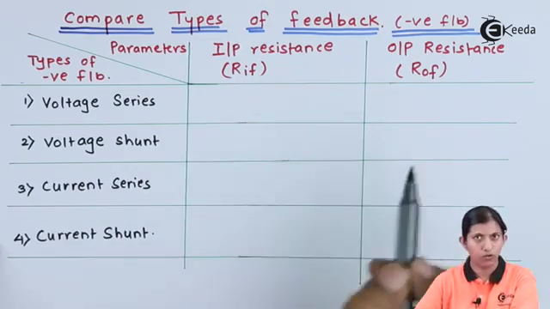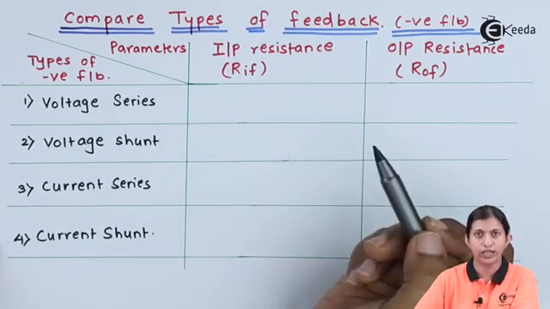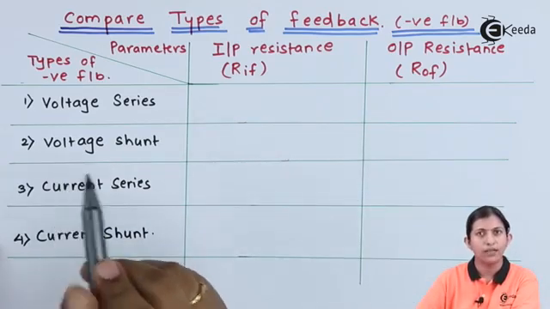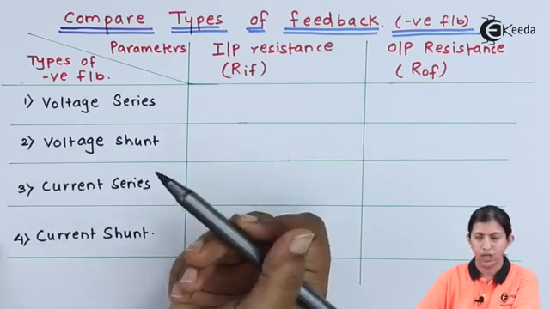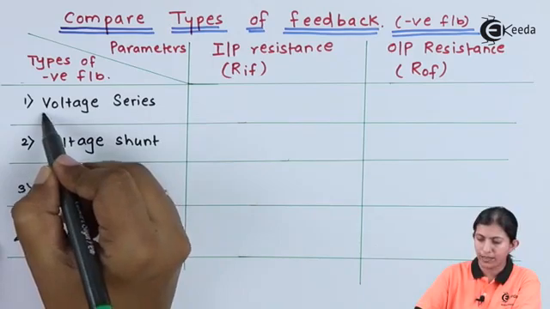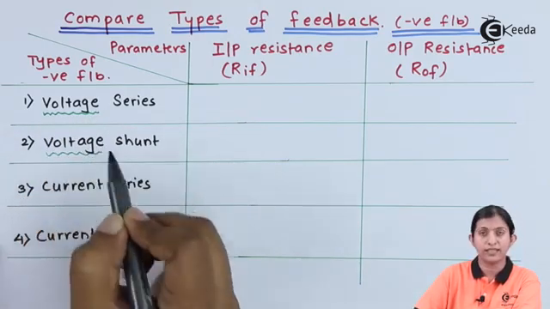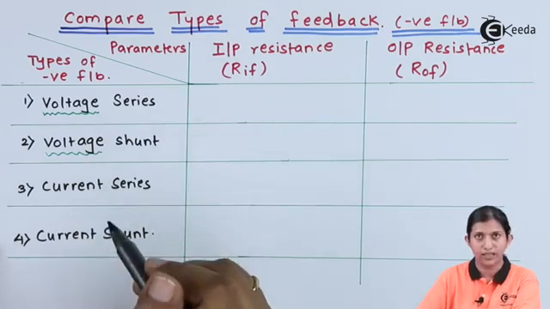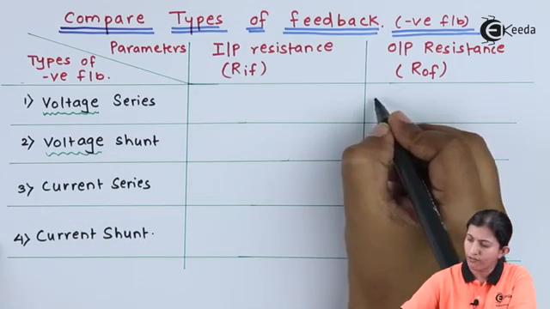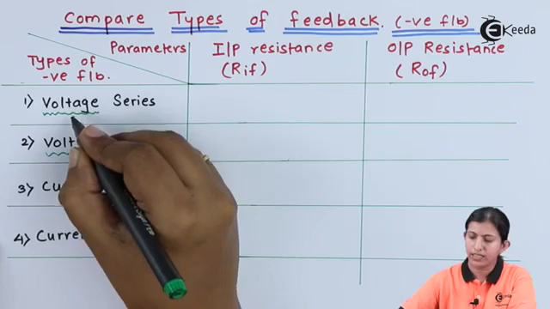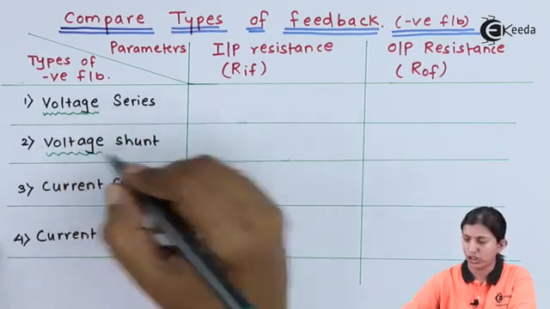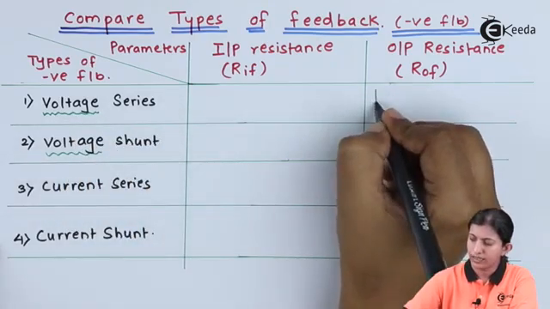While writing the output resistance, we have to check whether it is voltage sampling or current sampling. So if it is voltage sampling, then the output resistance decreases. So the ROF value for voltage series and voltage shunt decreases.